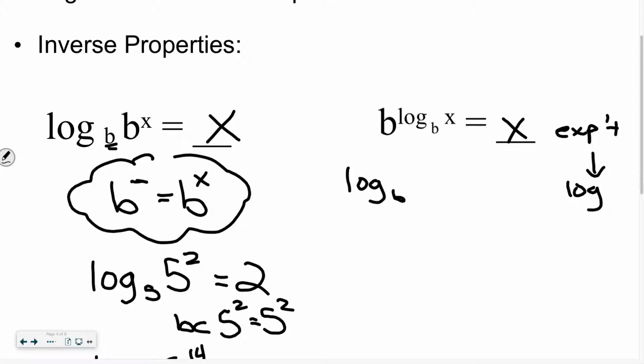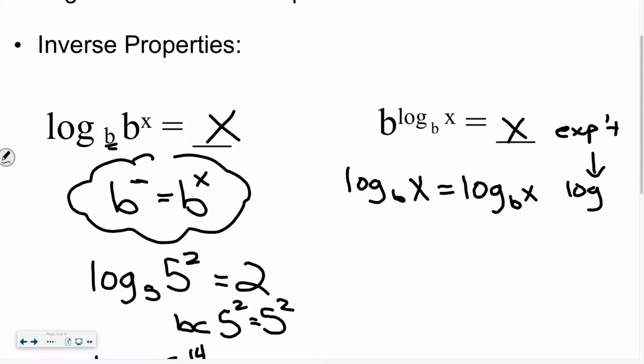Of x must equal, the answer to a logarithm is an exponent, so it must equal log base B of x. Is that statement true? Yes. So if you rewrite it in the other form, they cancel, like they just make the statements true. Don't overthink this one. Okay, you just need to have matching bases for them to cancel.